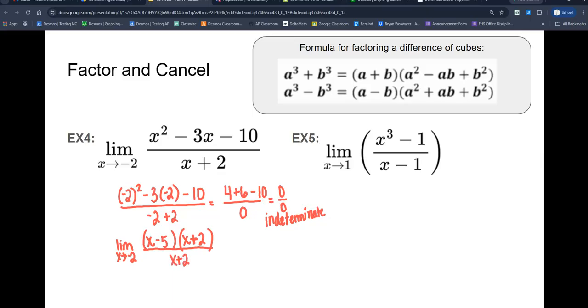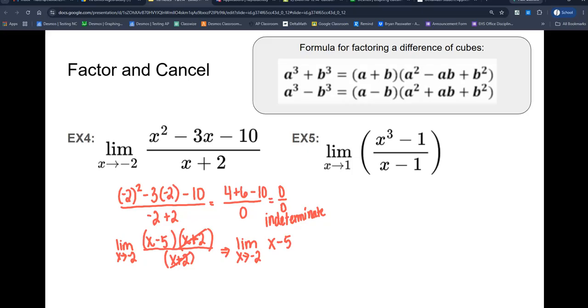What can happen? The x plus 2 can cancel with this x plus 2, which means that now I have the limit as x approaches -2 of just x minus 5, right? Can I use direct substitution on this problem? Yes, I can. Right now I have my limit notation.